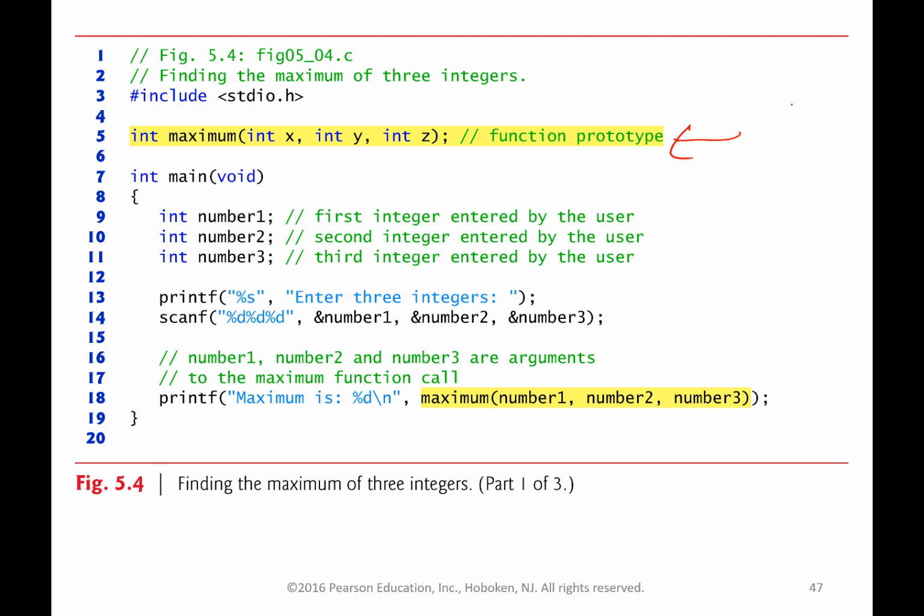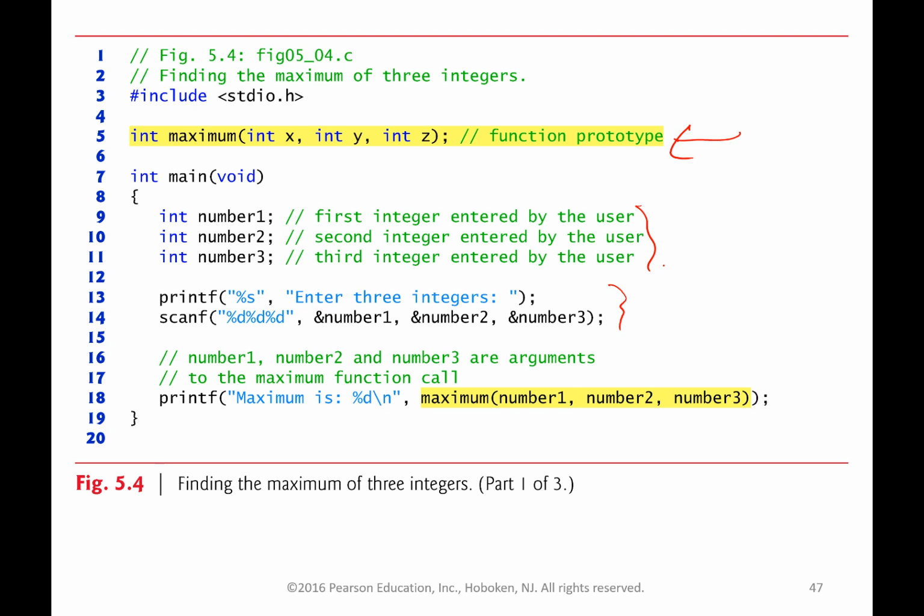We've declared three variables, number 1, 2, and 3. We enter the three variables. Again, we're calling the function printf, and we're passing it the string "Enter 3 integers." We have scanf, and we have %d, %d, %d. You can put a space between those %ds. It doesn't make any difference. I probably would, just because it's a little more readable.